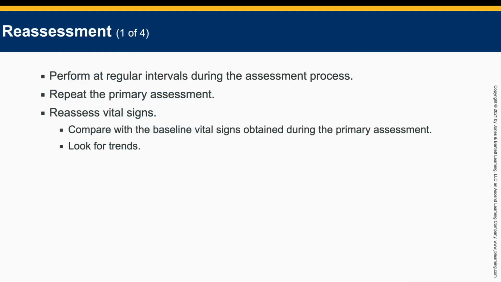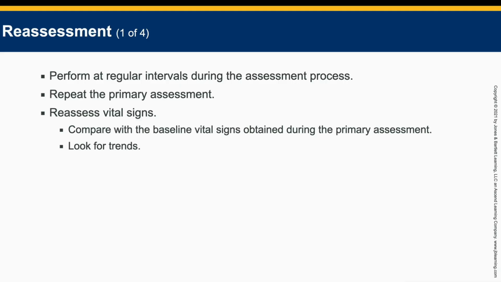After the initial assessments are completed, it's important to continue with reassessment and thorough patient care. Reassessment should be performed at regular intervals while you are monitoring and treating a patient. This helps identify changes in their condition, whether they're improving or deteriorating. During reassessment, we should repeat our primary assessment, making sure that the patient's airway, breathing, and circulation status remains stable.